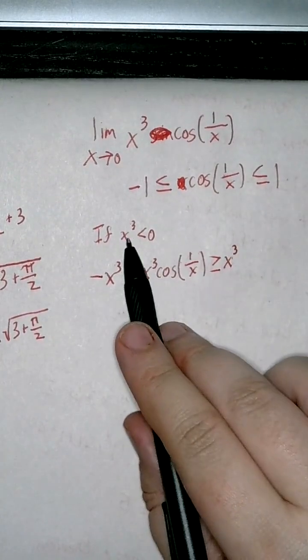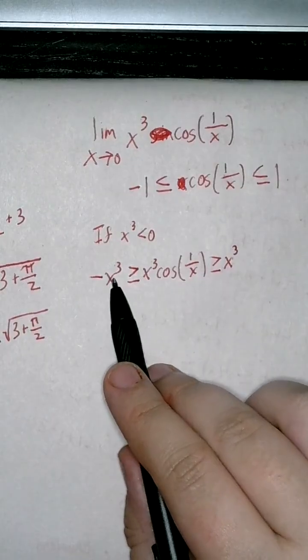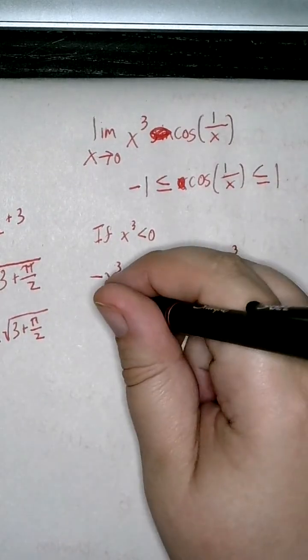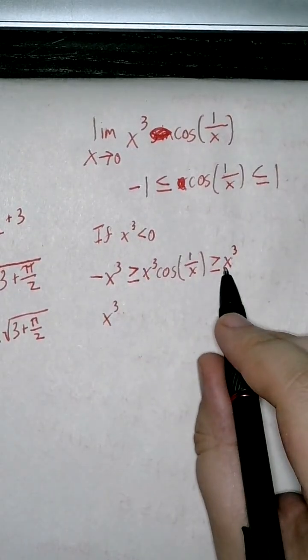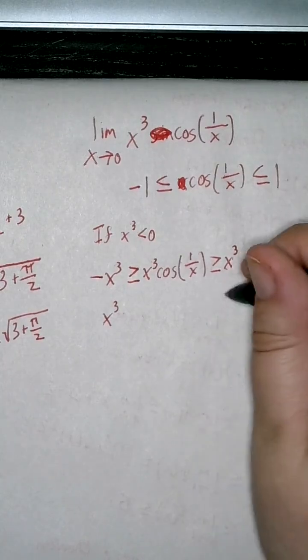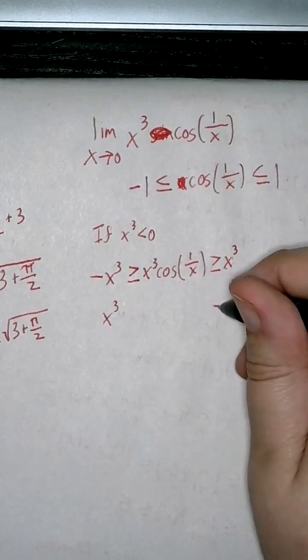And if x cubed is negative, then negative x cubed, negative times a negative is a positive, so that would just be positive x cubed.